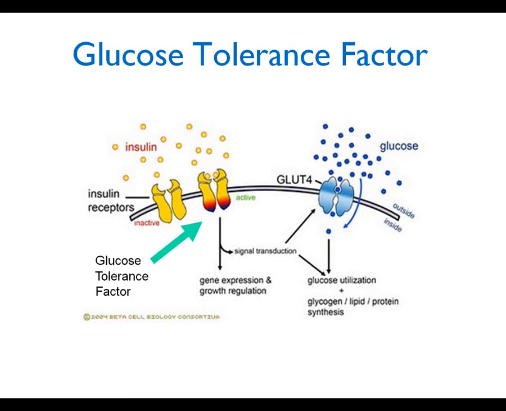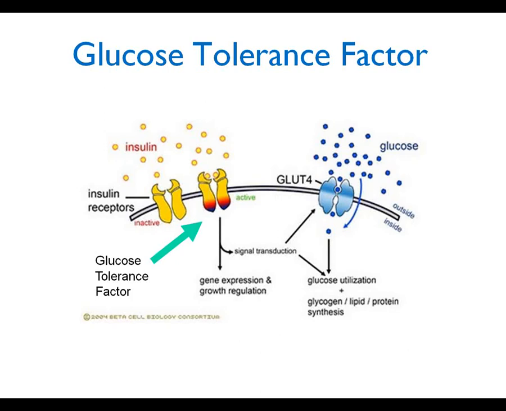Now, thinking outside of the box for just a minute here, we tend to always think about adequate insulin receptor sensitivity as being tied into these GLUT receptors, and as a result, we're going to get uptake of glucose into the cell to be in turn utilized through our energy production pathways, through glycolysis, Krebs, and on through the electron transport.